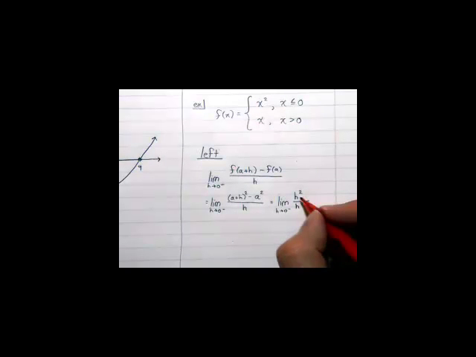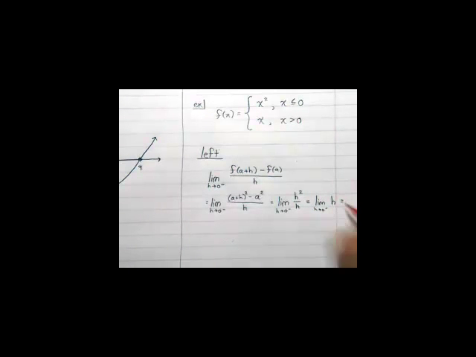So that's going to be h squared over h, which is just the limit as h goes to 0 of h, which is what? 0, right? Plug it in. So the left-handed derivative is 0, just like we said it was, right?